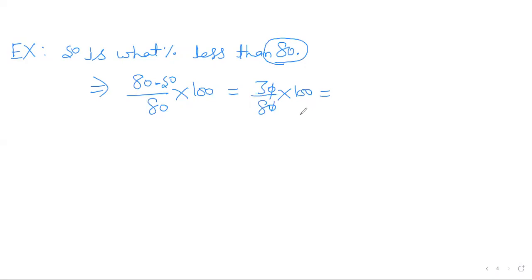Always remember 1 upon 8 is nothing but 12.5 percent. Just multiply this by 3, and you will get the answer. The answer will be 37.5%. Right?